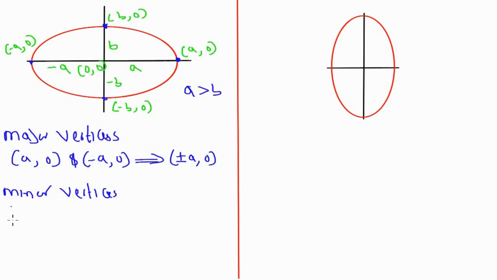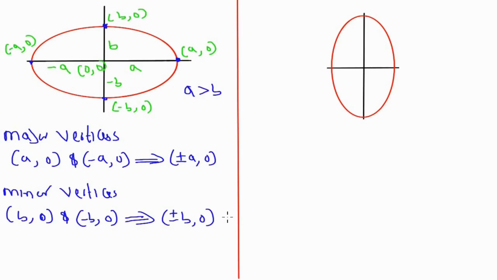Thus, that is expressed as 0, b, and 0, minus b. And just like before, we can also compress that to 0, plus or minus b. So those are the coordinates of the major and minor vertices for the ellipse on the left hand side.